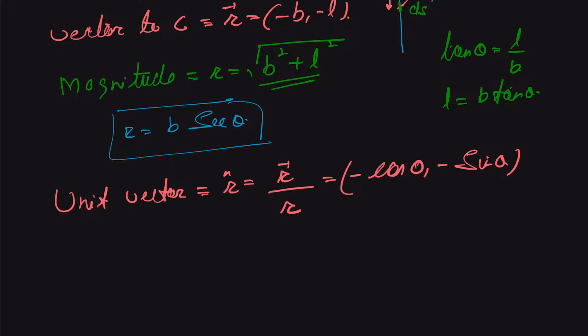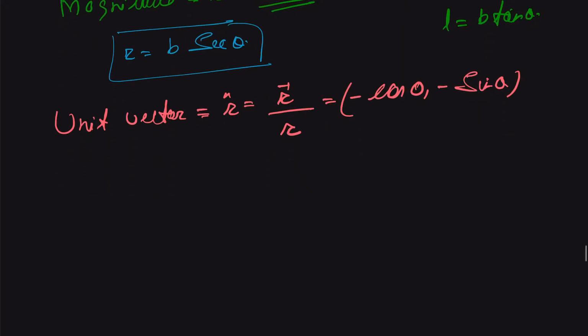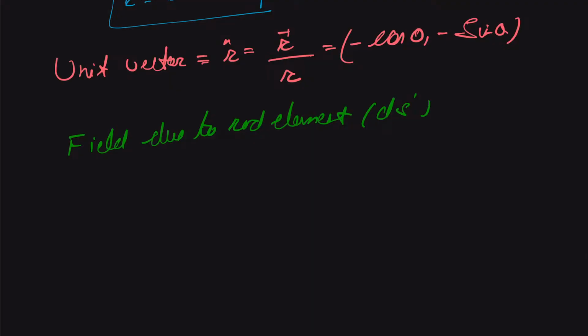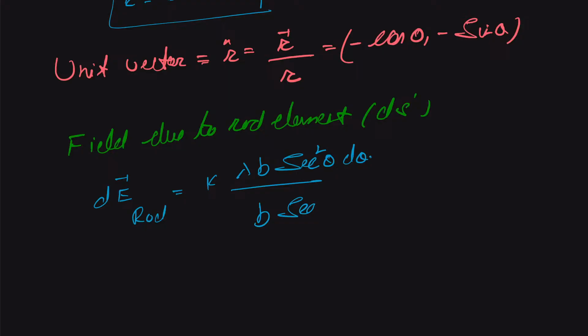Now we find out the field from the rod element, that is ds prime. Field due to rod element, which we denoted as ds prime, and we can write this as our dE because of the rod will be equal to k, and this comes as lambda b secant square d theta, over b secant theta whole square, and then comes our directional unit vector minus cos of theta and minus sine of theta.